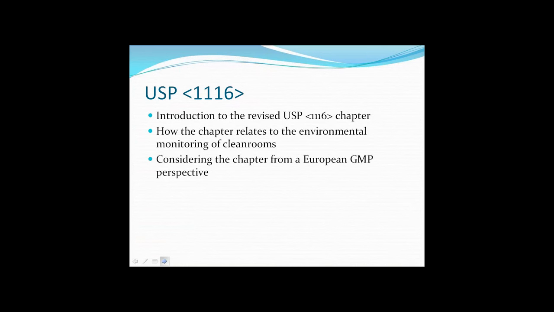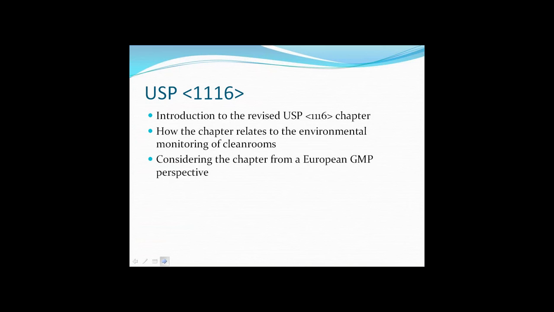So a substantially revised chapter for USP 1116 was published in May 2012 with the 35th edition of the United States Pharmacopoeia. In reviewing this chapter, I will attempt to link some of the findings in the USP to other GMP guidelines.